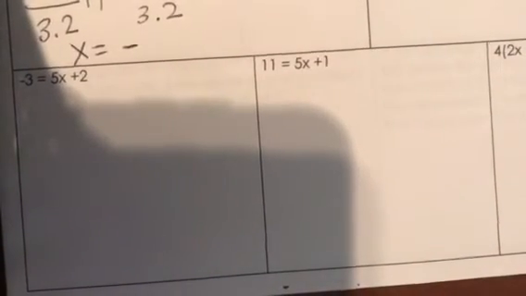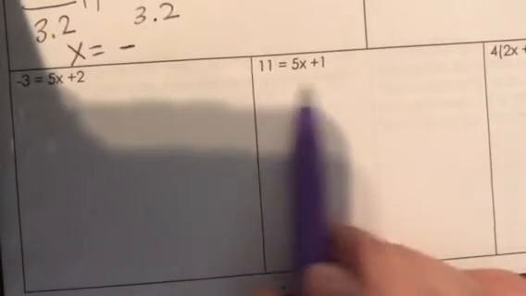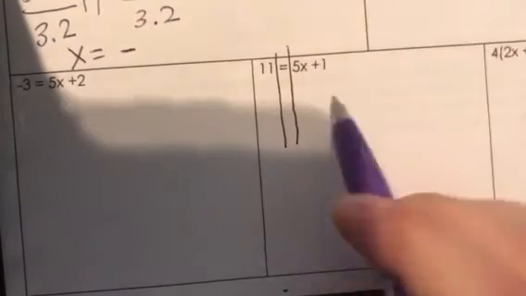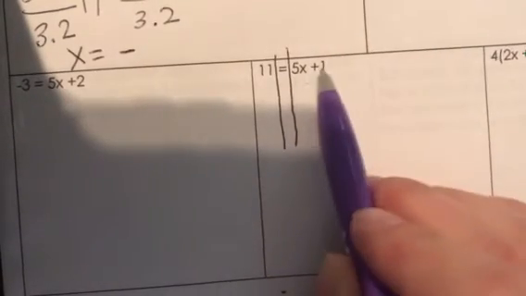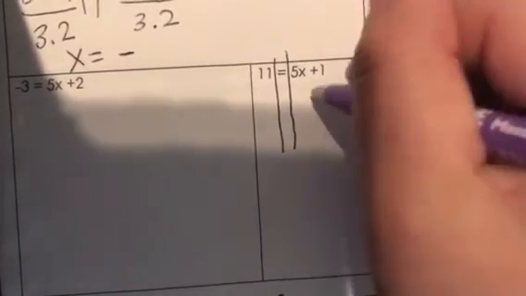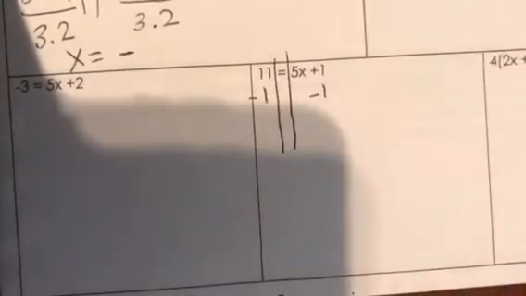I lied. Sorry. Don't let a problem like this mess you up just because the variable's on the right-hand side. Alright, remember, I'm always trying to get these numbers away from my variable. I'm isolating the variable. The opposite of adding one would be to subtract one. Alright, this is 0.